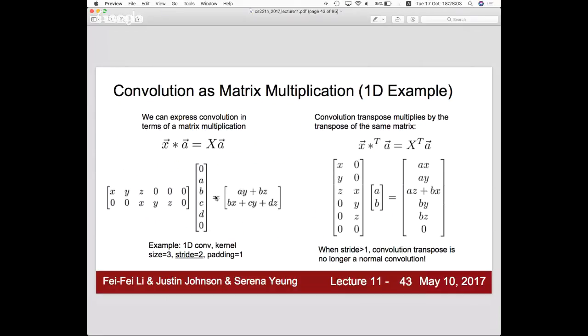But the thing is that it is no longer a normal convolution. You will not be able to use this graphical method to represent this thing. You can only use matrix multiplication. For example, the first one, we are just doing normal convolution with a filter of X, Y, and Z. With a stride 2, you will get exactly what is given here.